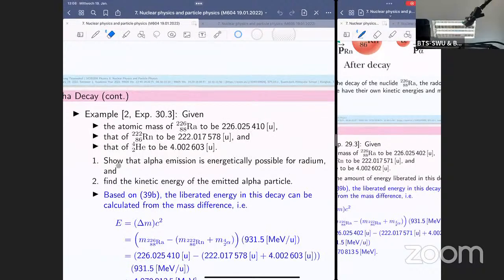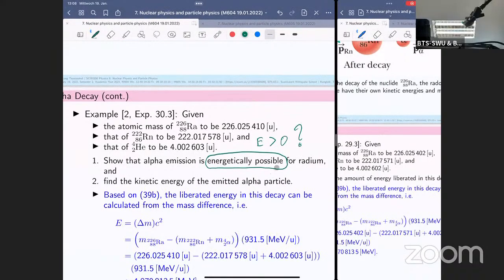In book number 2, they say show that the alpha emission is energetically possible. The phrase energetically possible means the binding energy, or the energy, is greater than 0 or not.